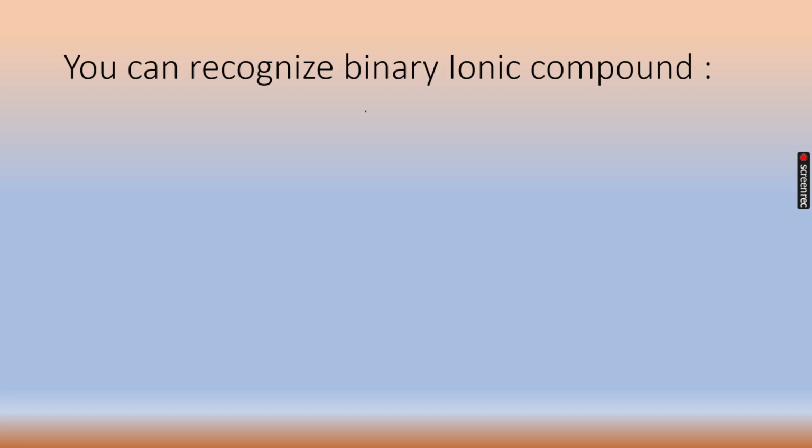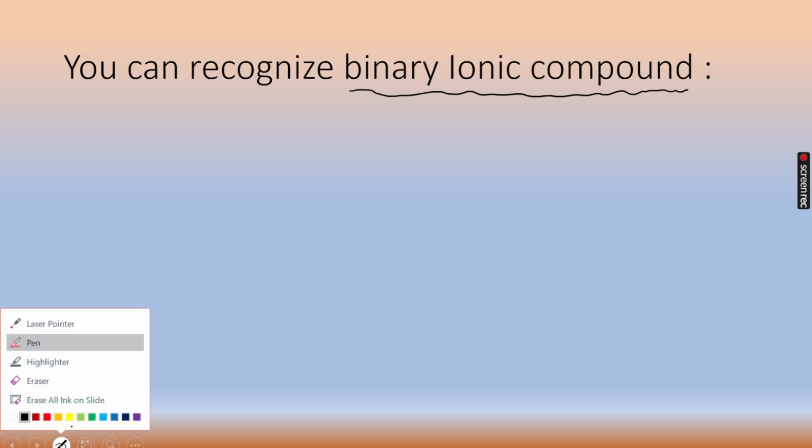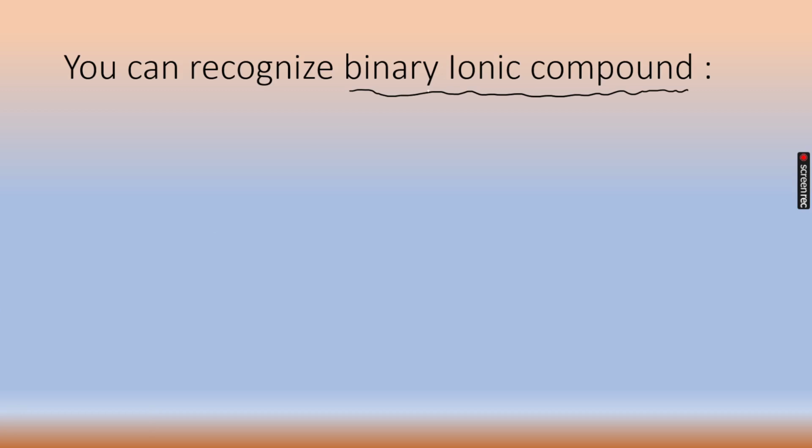Okay, so we want to talk about the binary ionic compound. Let me change the color. As I said before, binary means 2 elements. Bi means 2. For example, when you are talking about the bicycle, it means 2 cycles.